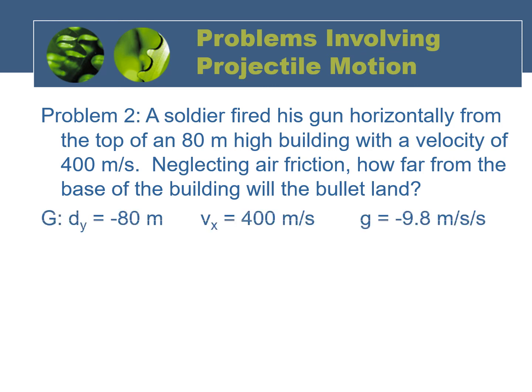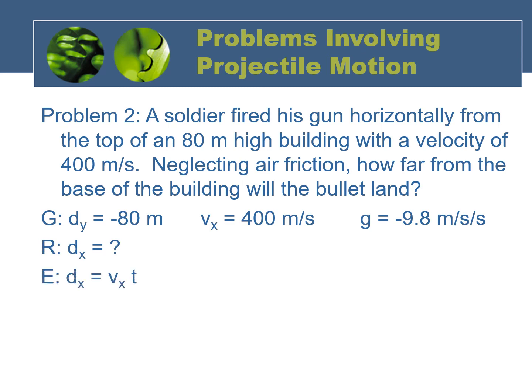So the given quantities are vertical displacement, which is equivalent to negative 80 meters, horizontal velocity, which is equivalent to 400 meters per second, and g, or acceleration due to gravity, negative 9.8 meters per second squared. Since the question requires how far from the base of the building the bullet will land, we are looking for the horizontal displacement or range.